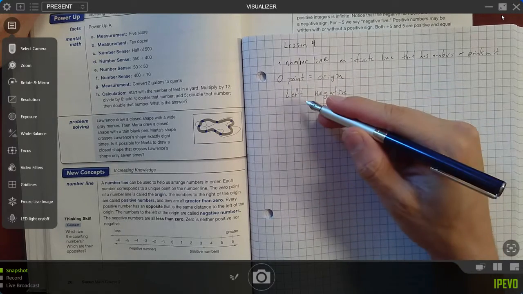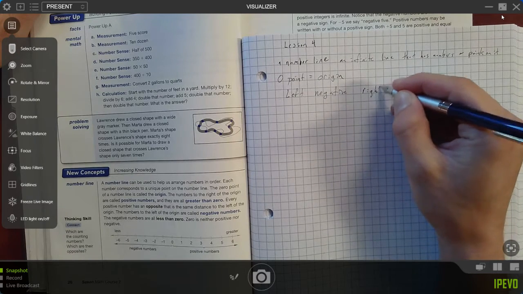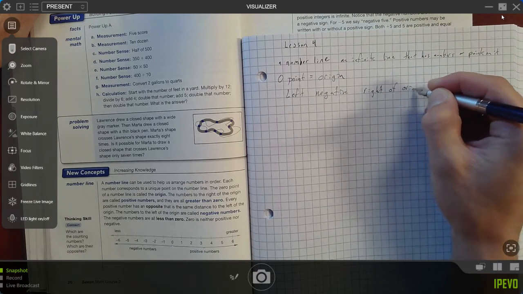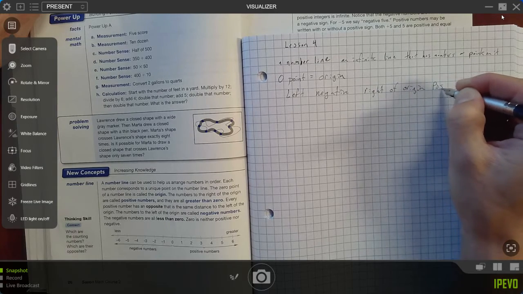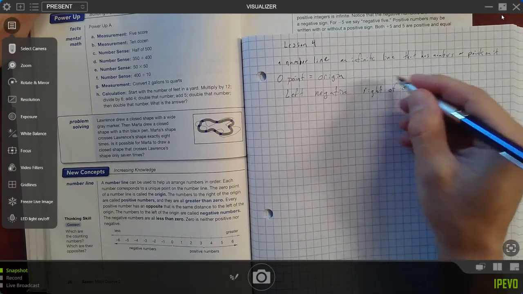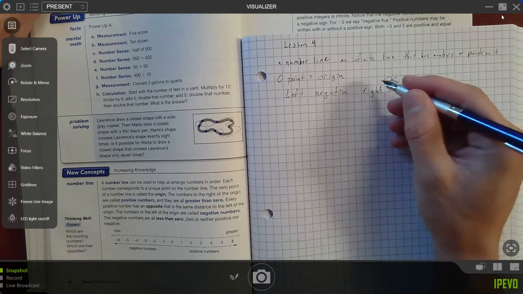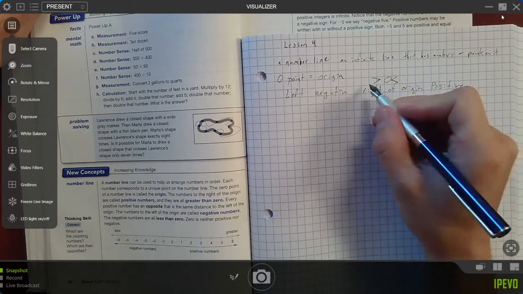And that's the left of the origin. Okay. These are greater than 0, and over here less than 0.